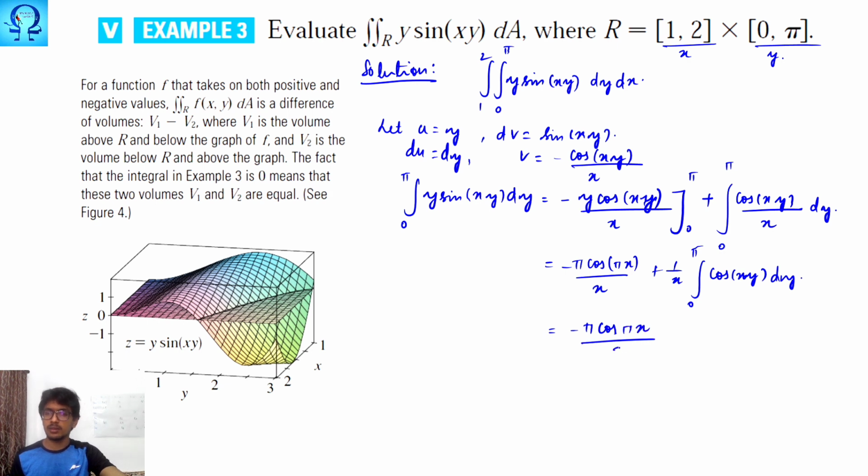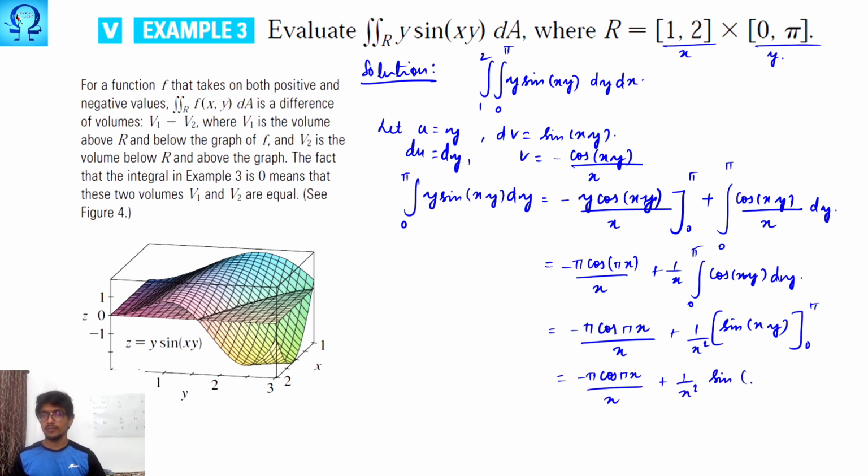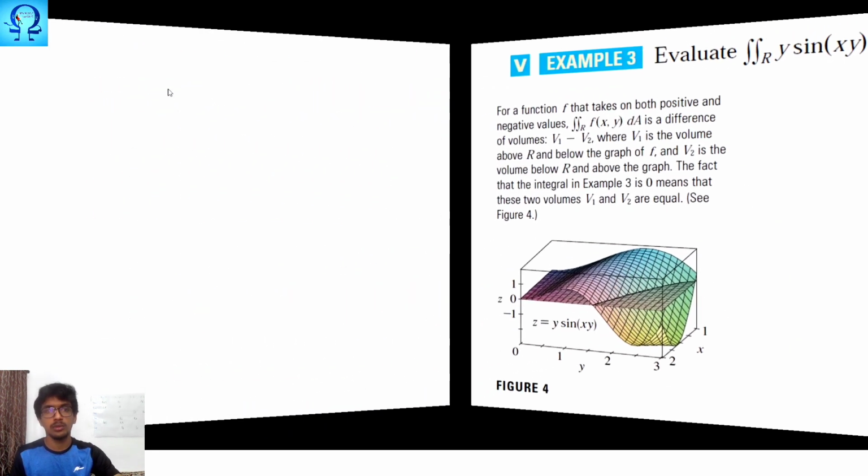So we have minus pi cos pi x upon x plus 1 upon x square sine pi x over the same limit, and when you give 0 it is 0. We have calculated this one. Now we shall do the rest of the things, that is integral 1 to 2.